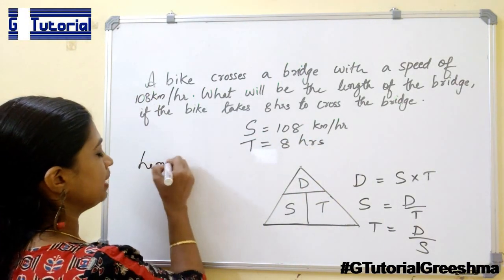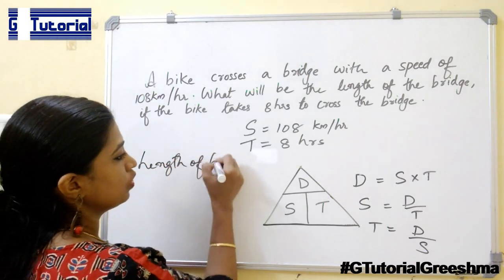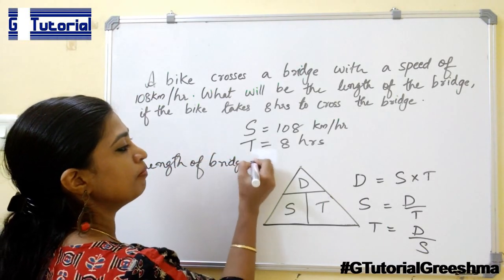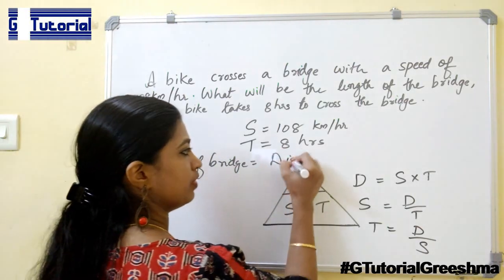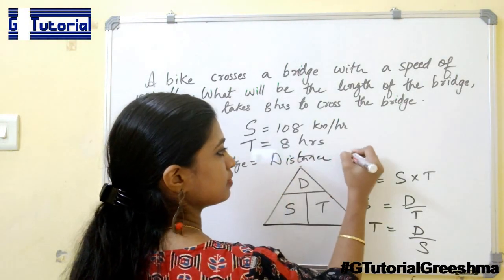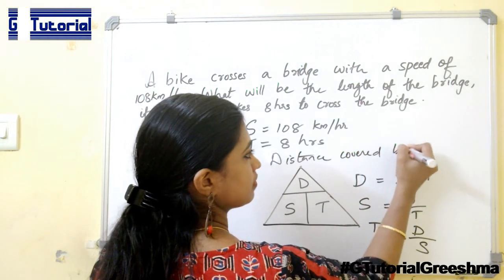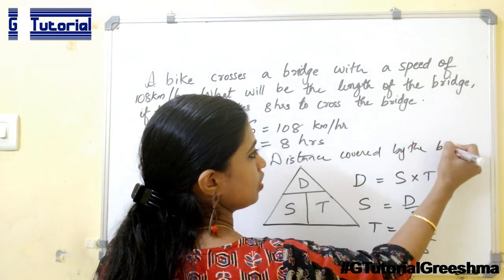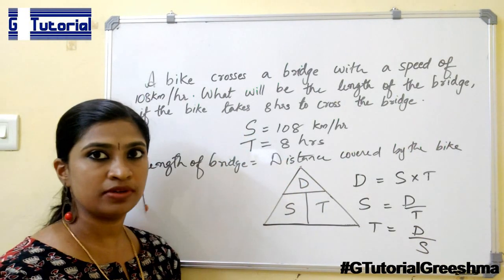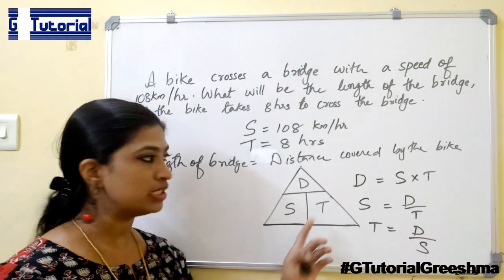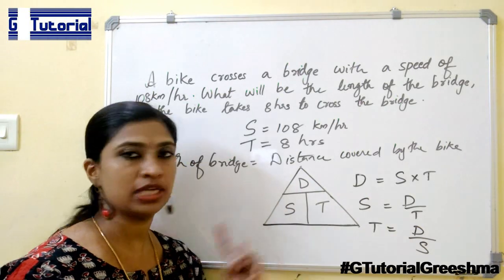We are asked to find the length of the bridge. Length of the bridge will be equal to the distance covered by the bike in the given time. So distance covered by the bike. What is the distance covered by bike if speed and time is given? You can use this triangle. Distance is equal to speed into time.